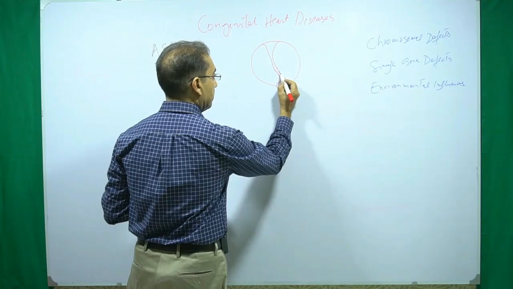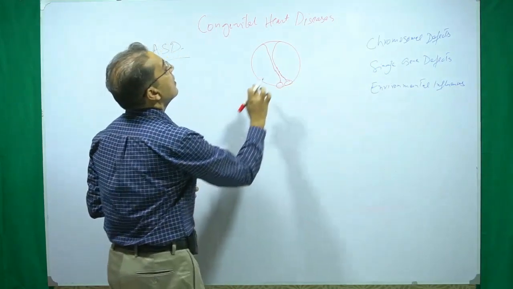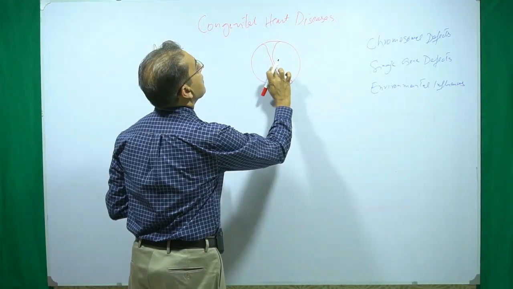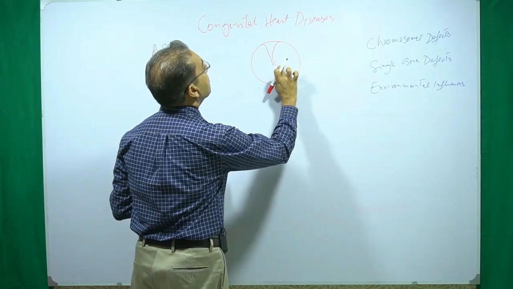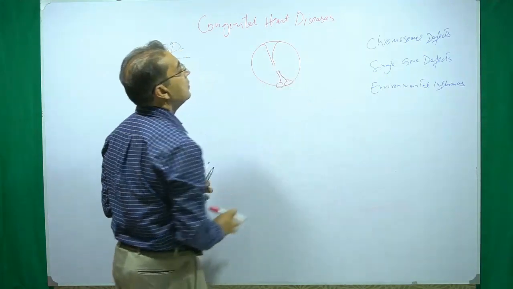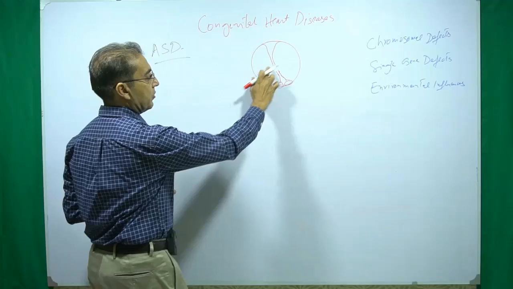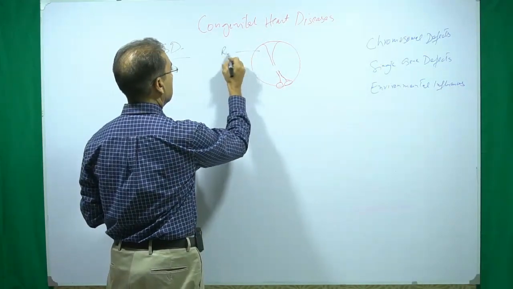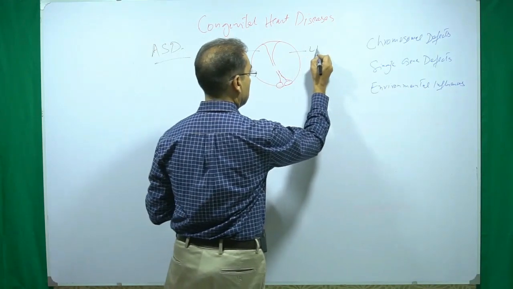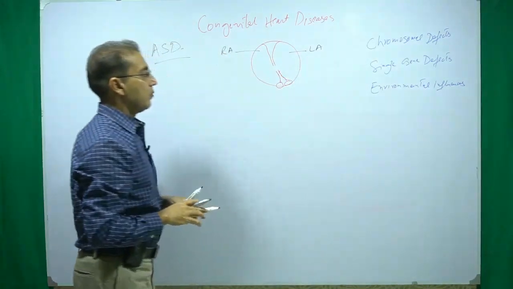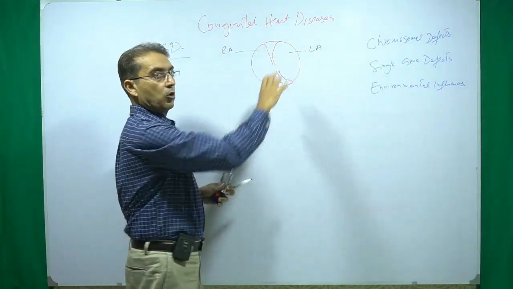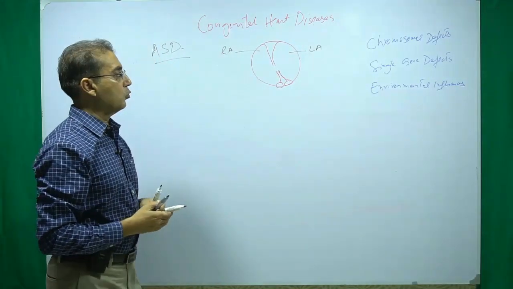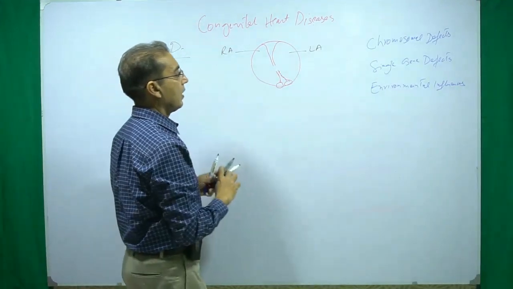When they fuse, the defects appear in the septum to communicate between the two atria. Because if this septum is closed, there will be no communication between these two chambers.